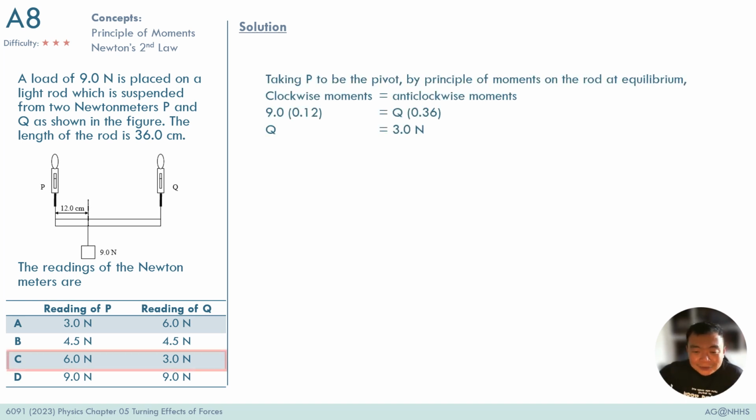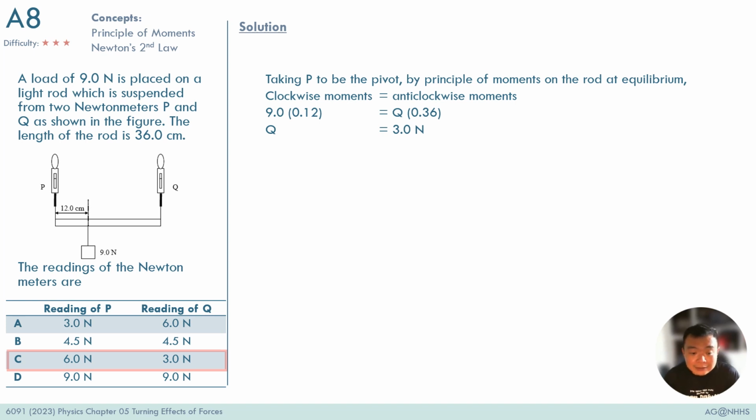You're not told where the pivot is, and therefore we'll see how we can tackle it. Okay, so I will just take P as the pivot. I'll explain why I can choose P as a pivot a while later on. So if I take the point P, the leftmost point on the beam, as the pivot, I can again just apply principle of moments on the rod.